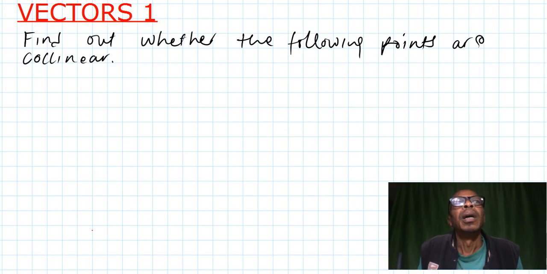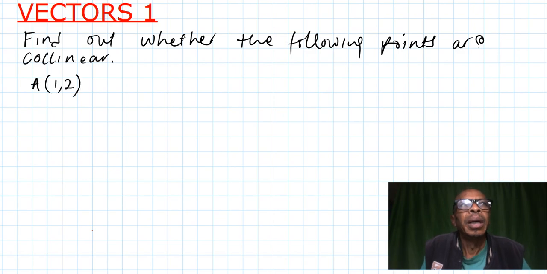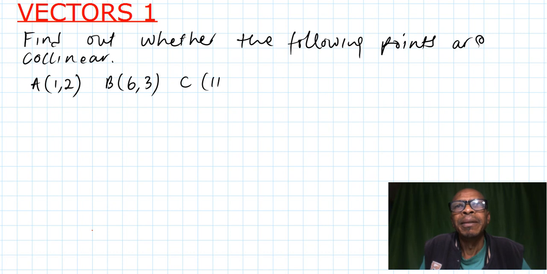Let's say we have A. Our A is 1, 2. Our B is 6, 3. And our C is, let's say, 11, 4.